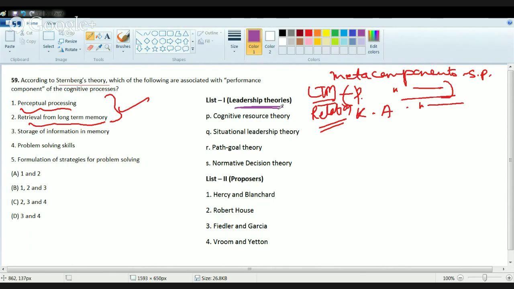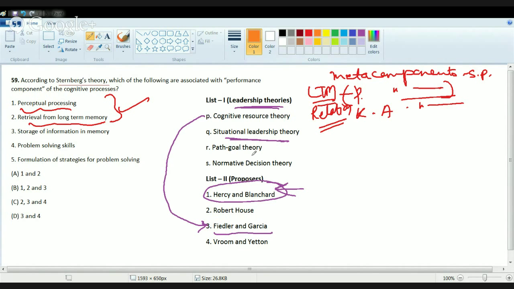Situational leadership theory was given by Hersey and Blanchard. They said that situations make a man. So effective leadership originates only when there is a relevant task that a person needs to do. The next is cognitive resource theory, developed by Fiedler and Garcia, where they focus on the leader's intelligence and experience under stress.